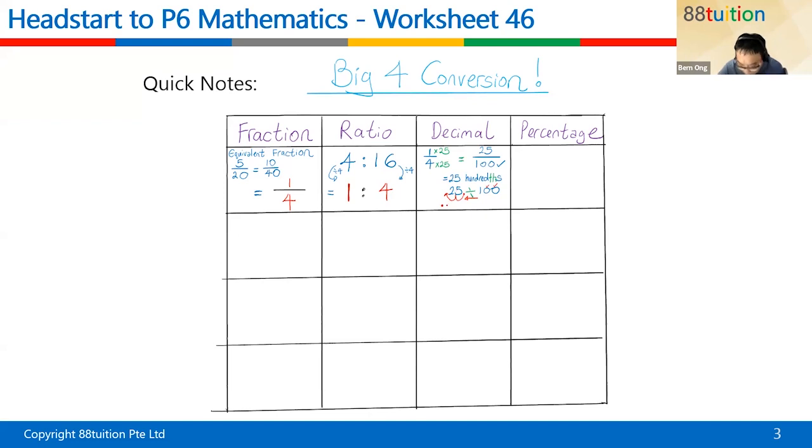So the answer will be 0.25. I believe your school teacher has taught you this moving decimal thing, which is very useful. It only works for 10, 100, 1000, 10,000 with a lot of zeros.